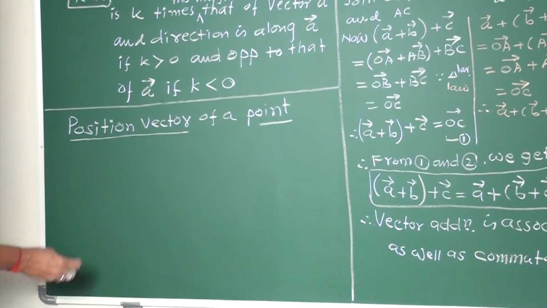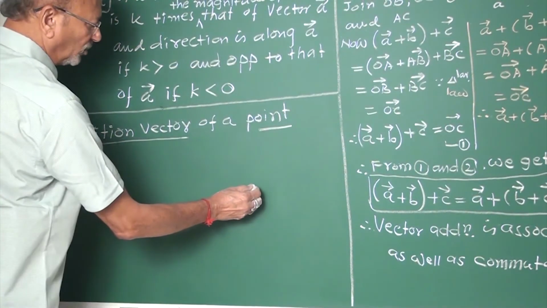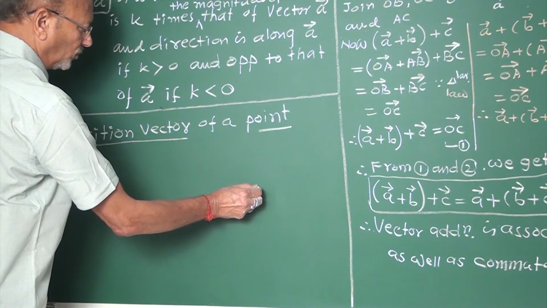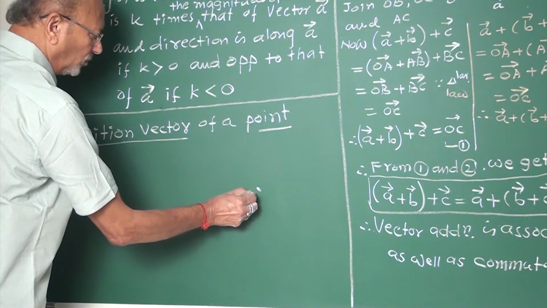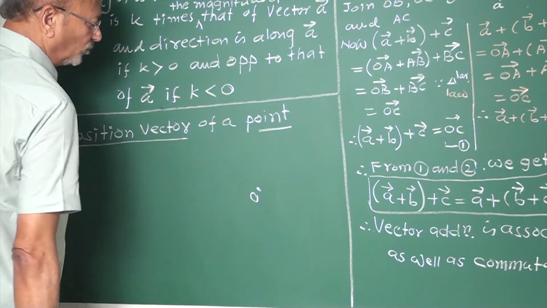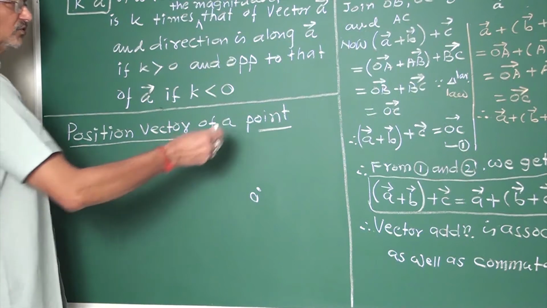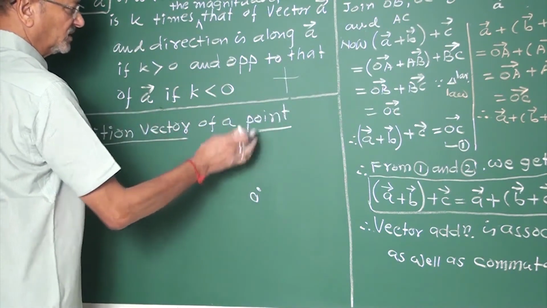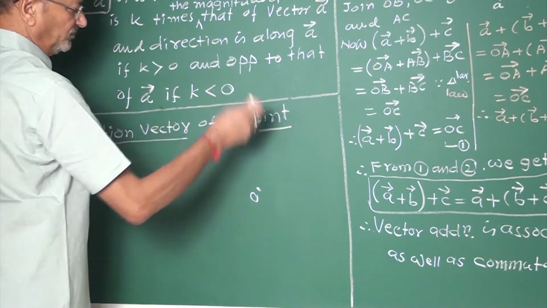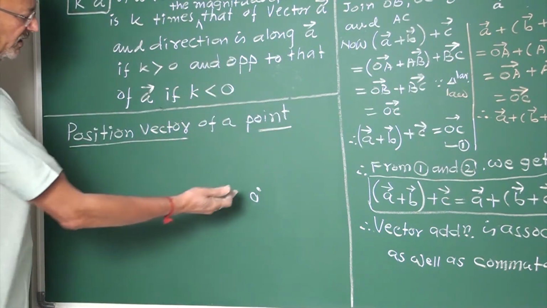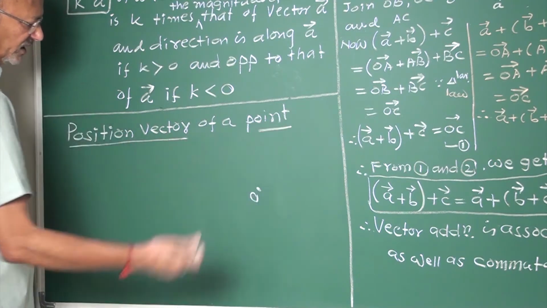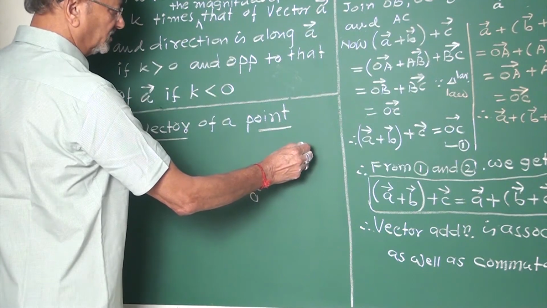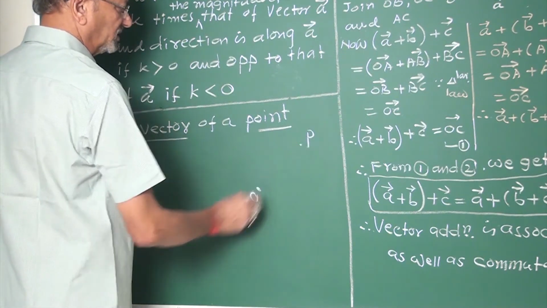In this case, let O be the origin of reference, which is arbitrary. That particular intersection is one particular case, but in this case O is an arbitrary point anywhere. If I take here, this side, that side, anywhere you can take. And P is any point. This P is the given point.